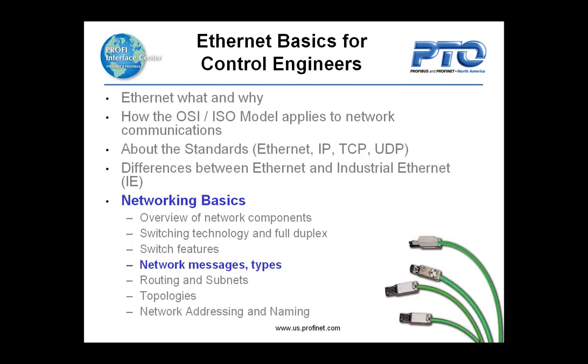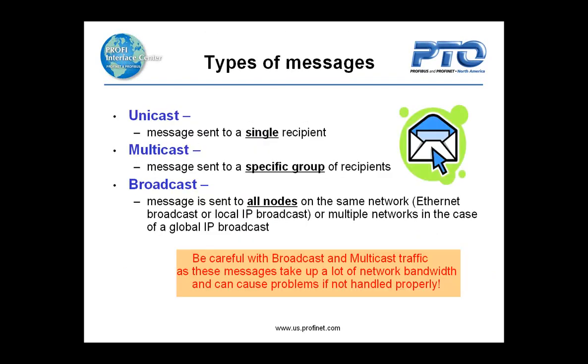Okay, let's talk about the types of messages we can have on a network. You can have a unicast message, where that message is sent to a single recipient. You can have a multicast message, where that message is sent to a specific group of recipients. And you can have a broadcast message, where you send that message to all nodes or all devices on the same network.